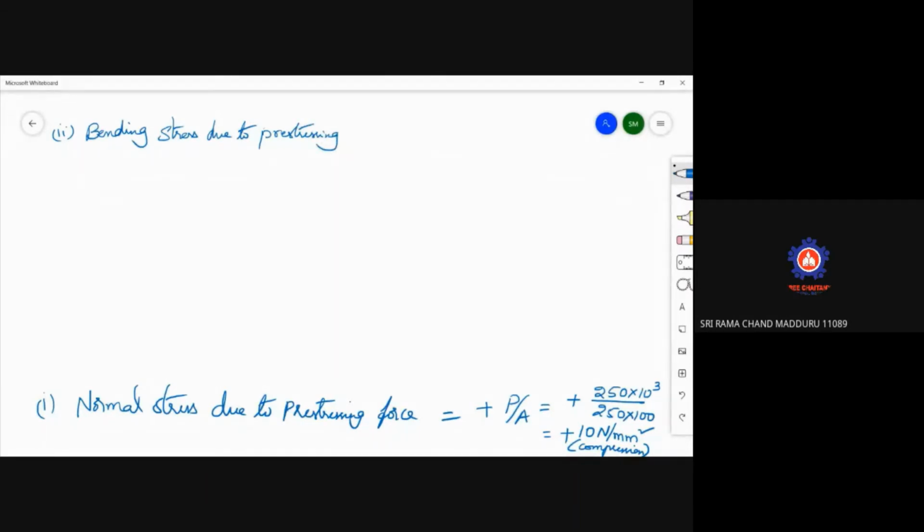So in the bending stress due to pre-stressing, now observe this one is located at an eccentricity of 40 mm.